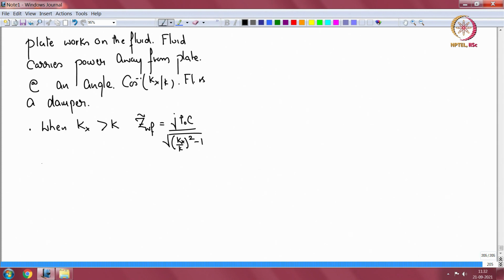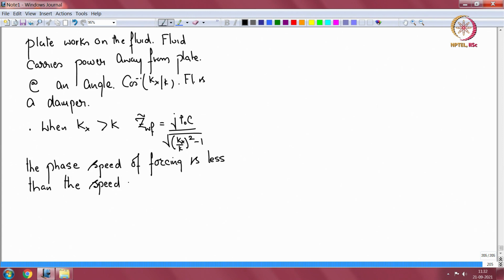That means the phase speed, kx is greater, so lambda x is smaller. So the phase speed of the forcing is less than the speed of sound. That means the impedance is reactive.